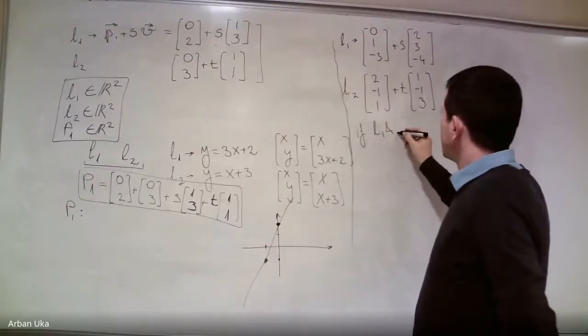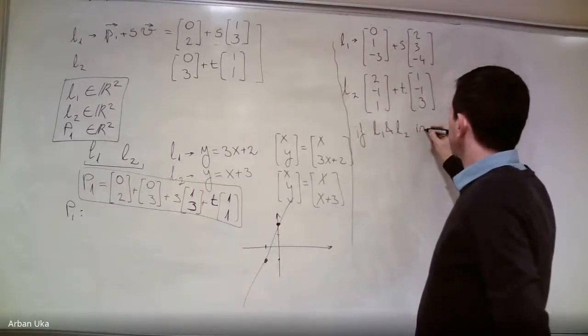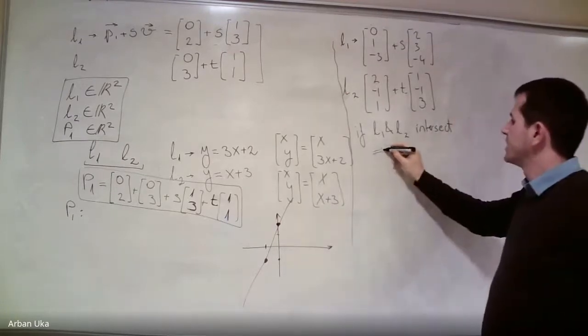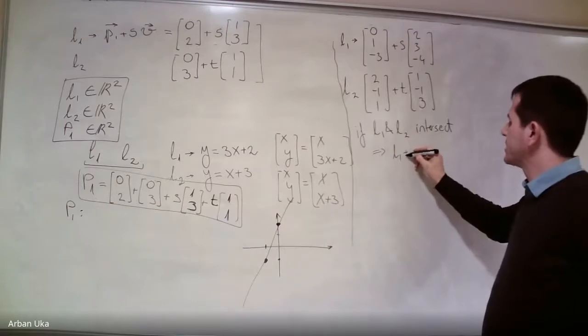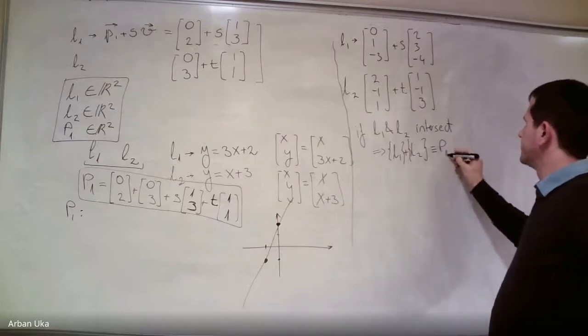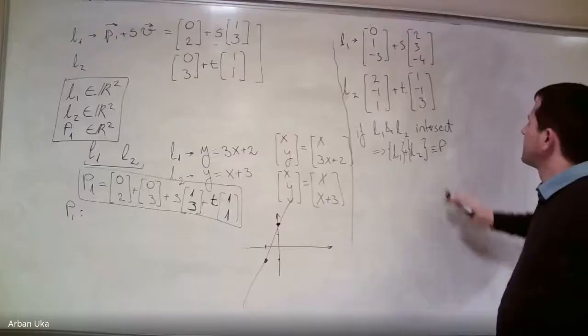If L1 and L2 intersect, then you are saying that the equation of line 1 plus the equation of line 2, let me write it like this, is the equation of a plane, right? Yes, that's what I was asking.